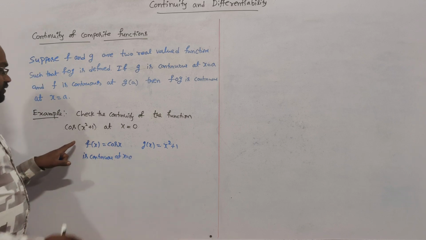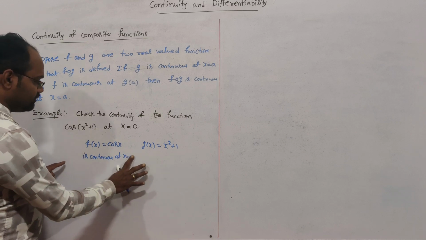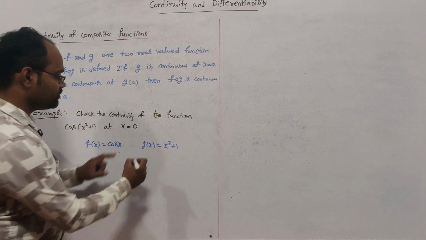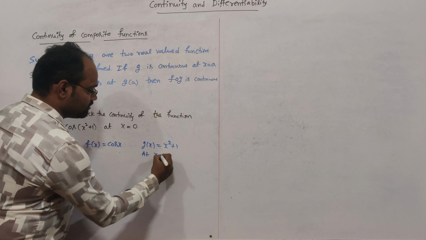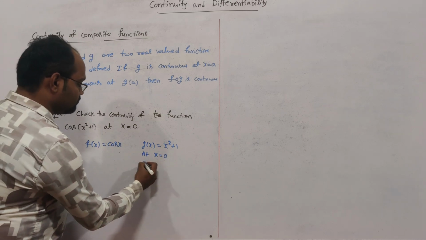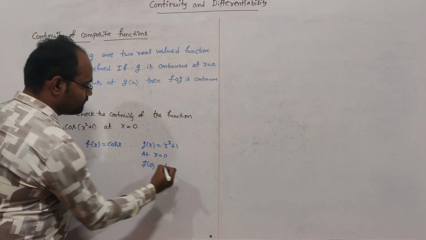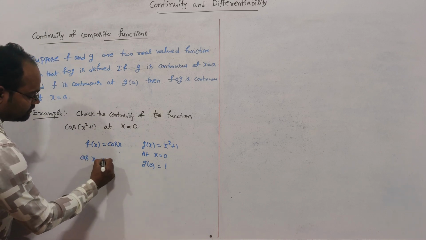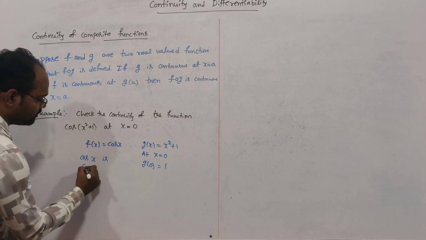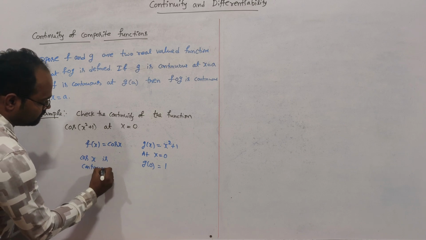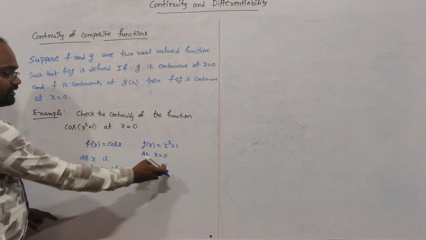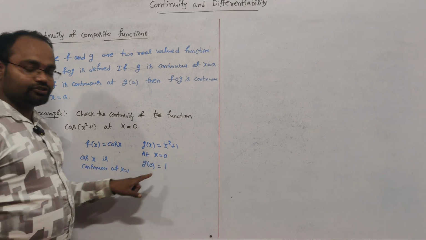Now at x equal to 0, what is g of 0? It is 1, and cos x is continuous at x equal to 1 because g of 0 is 1.